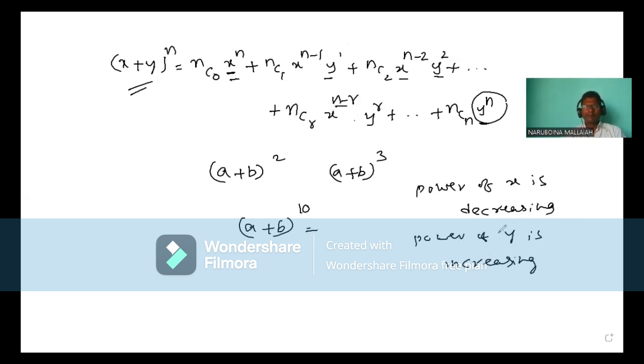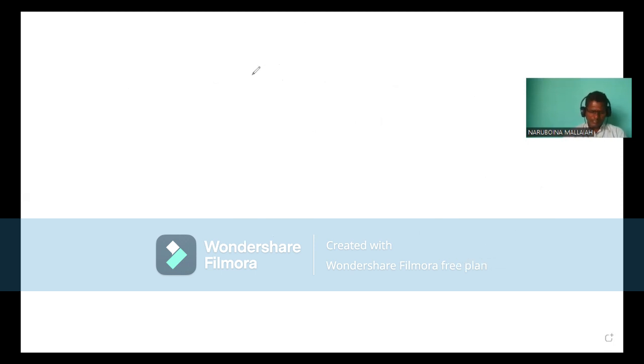After that, some basic things also. Here nC0, nC1, nC2 are called coefficients. How do we calculate these values? Before explaining that, suppose I want to find 5 factorial.